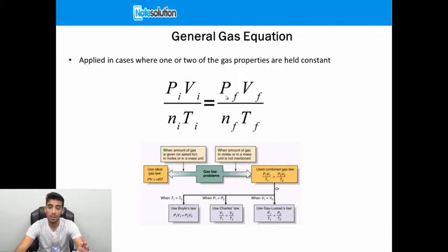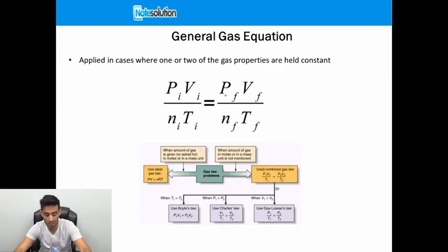Now, there's the ideal gas law and there's the general gas equation. When combining all those gas laws together, scientists came up with the general gas equation. It's usually used when there's an initial condition and a final condition, and it's usually applied in cases where one or two of the gas properties are held constant.